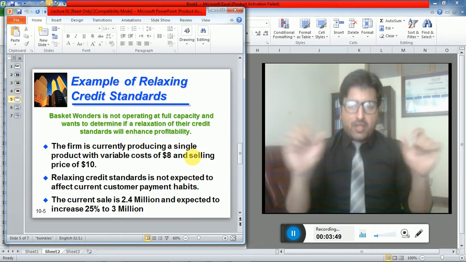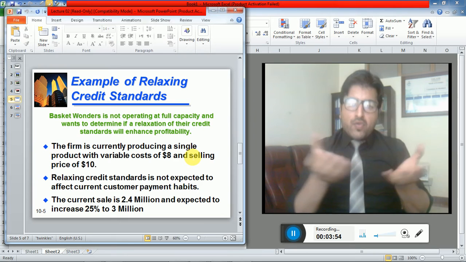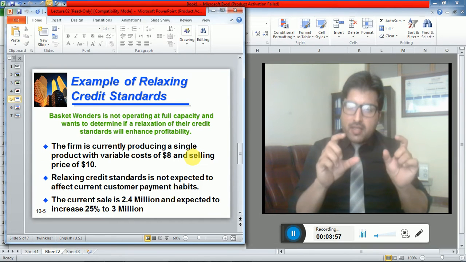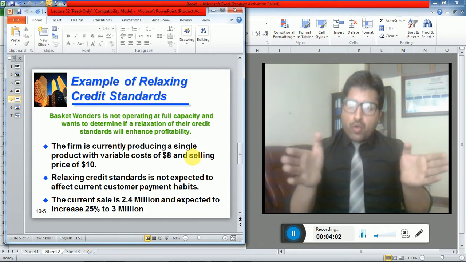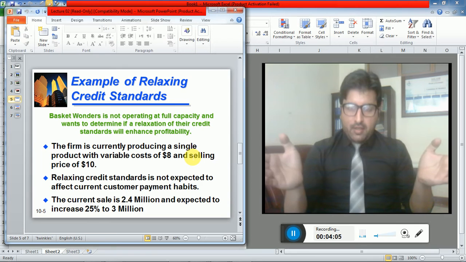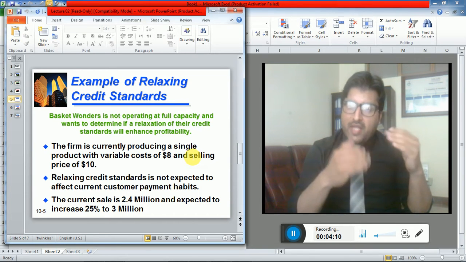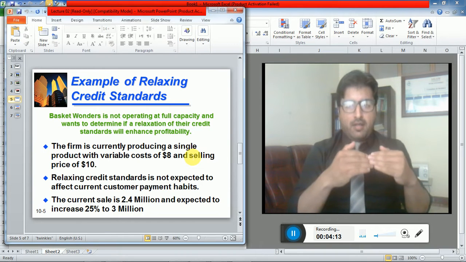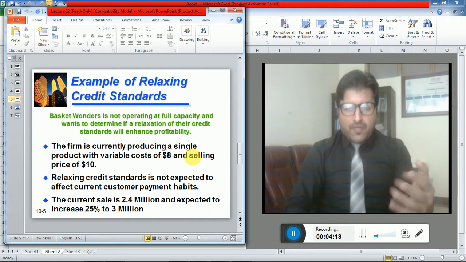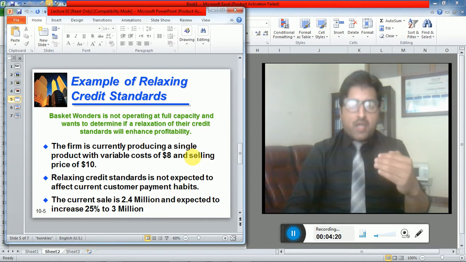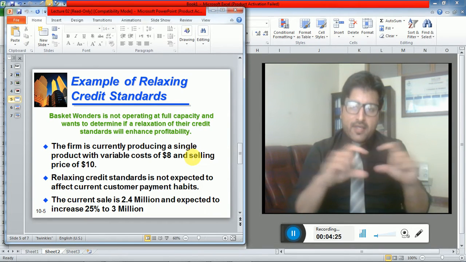To produce more, we have to increase sales, and to increase sales we have to lower the credit standard. One way is to allow less creditworthy customers to enter into the sale, and by doing so the sales will increase.